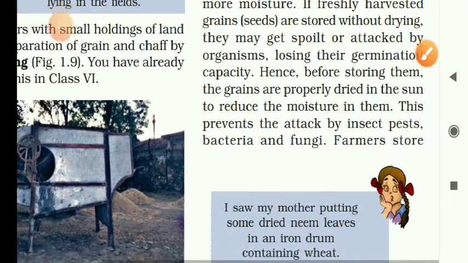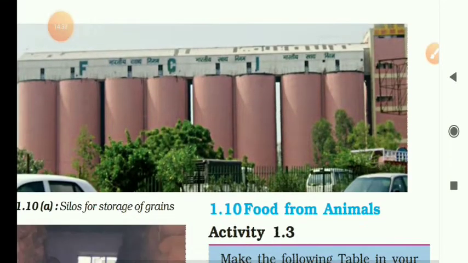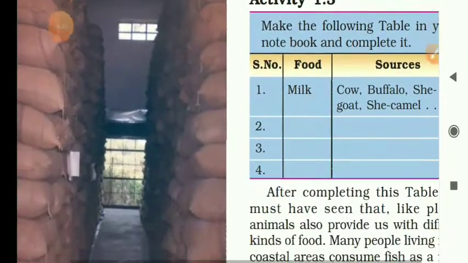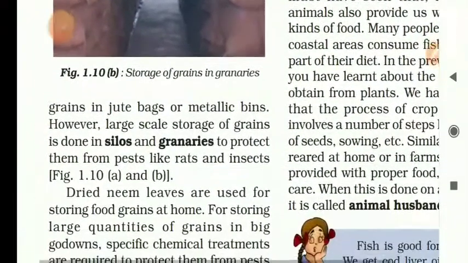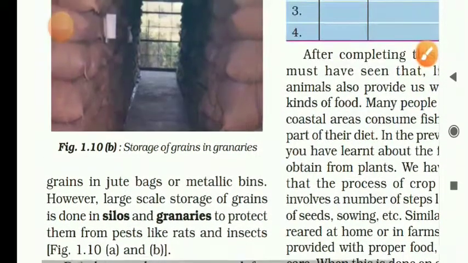Farmers store the crops or the grains in jute bags or metallic bins. However, large scale storage of grains is done in silos and granaries. See the silos and granaries.